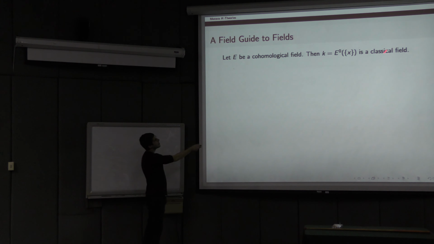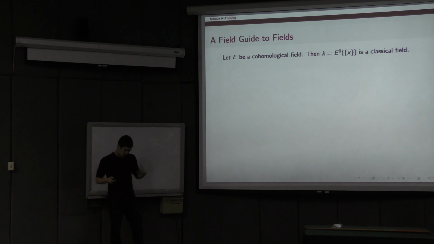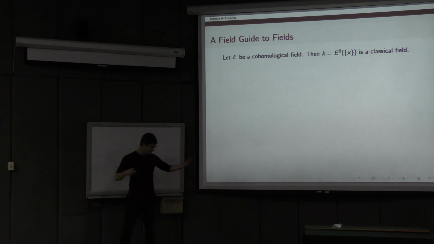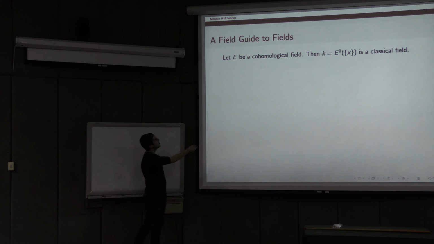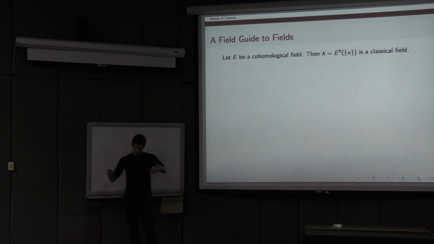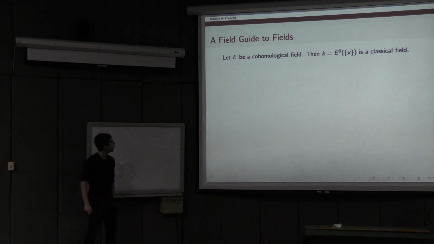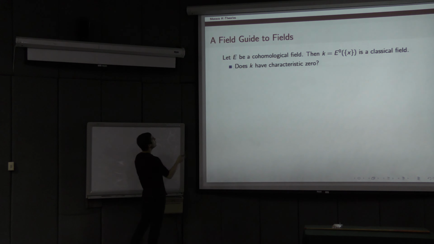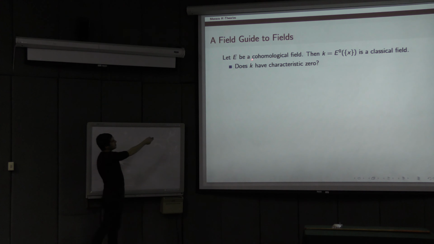So if you look at the E cohomology of a point, every non-zero homogeneous element is invertible. So E0 of a point is going to be a field, possibly a non-commutative field in the sense of ordinary algebra. So the first question that you should ask yourself is, does this field have characteristic 0?